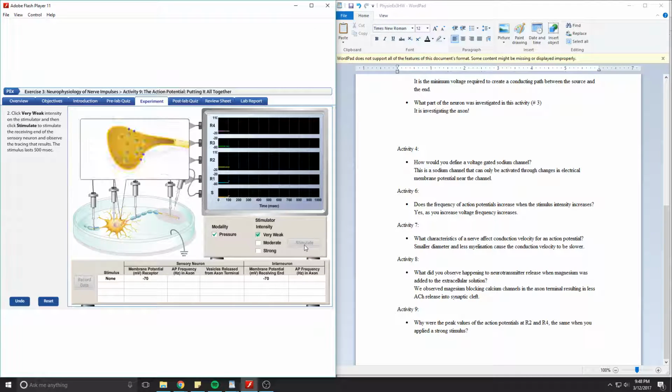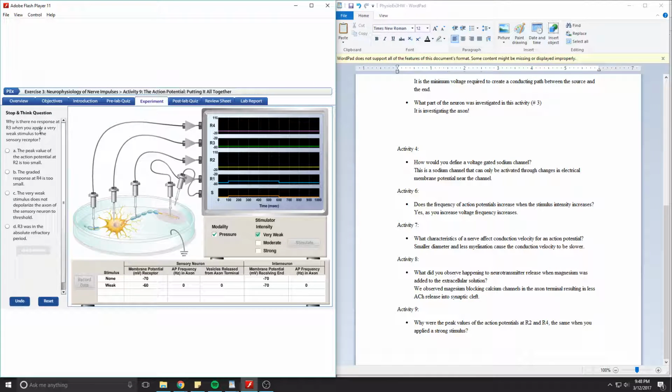Let's go. Hey, look at that. Why is there no response at R3 when you apply a very weak stimulus? The peak value of the action potential at R2 is too small.